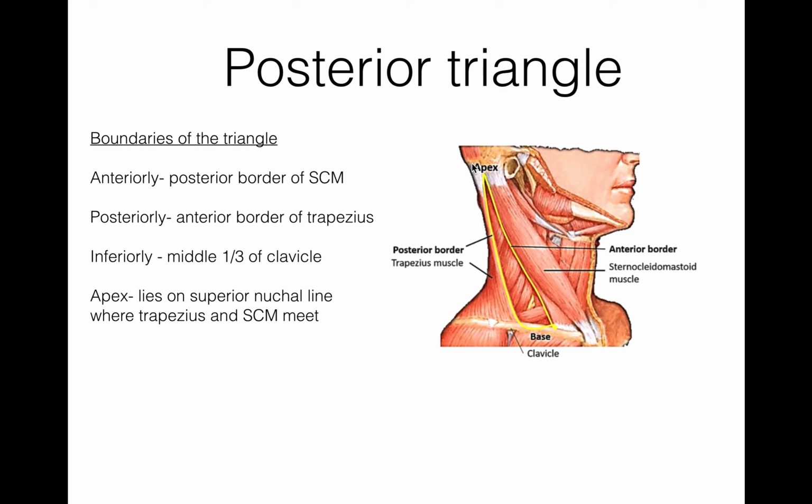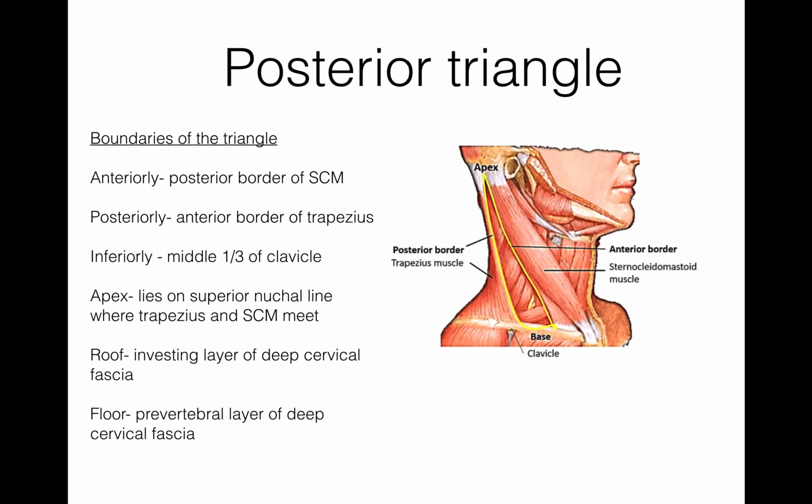The apex of the triangle lies on the superior nuchal line where the trapezius and the sternocleidomastoid muscles meet, and the roof is formed by the investing layer of the deep cervical fascia, and the floor is formed by the prevertebral layer of the deep cervical fascia.